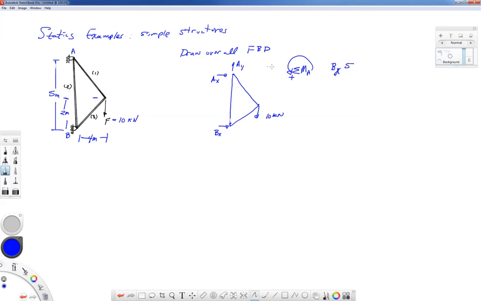And in the negative sense of rotation about point A, I'll have the force of 10 kilonewtons times the offset distance of 4 meters. All right, so I'll solve that for Bx. And in this problem, I have 40 divided by 5. I believe that should be 8 kilonewtons for the reaction at B.